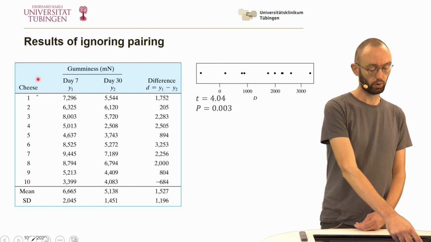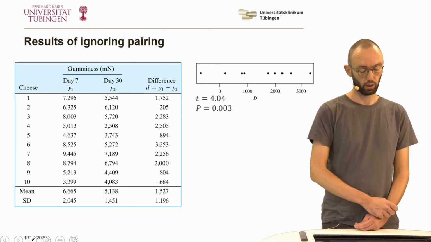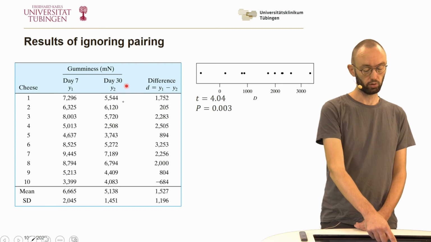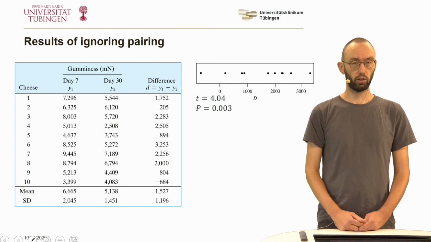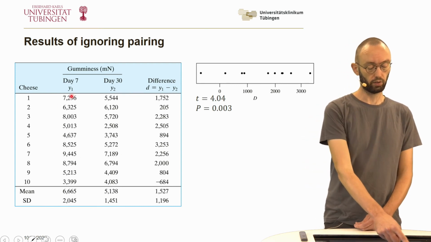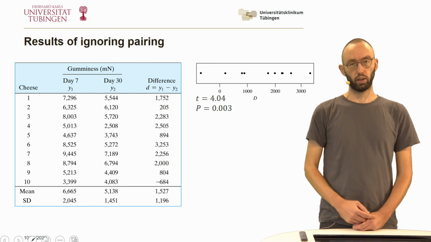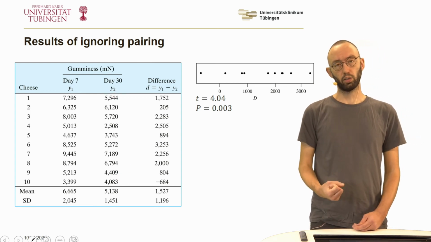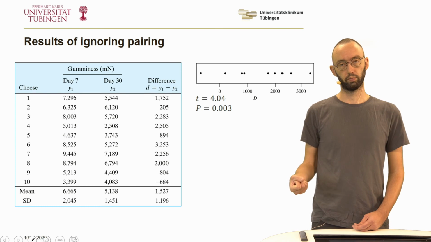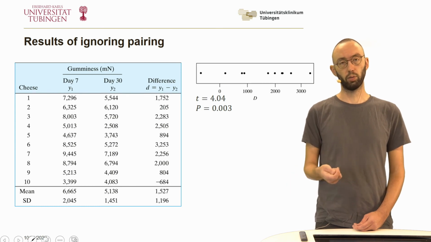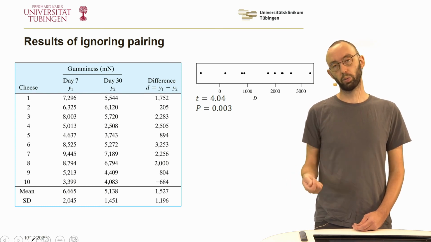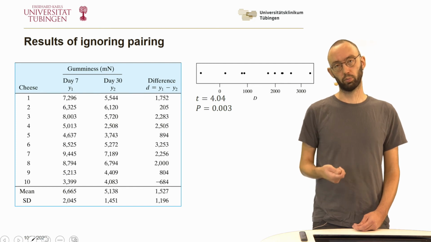This was done on 10 different cheeses, and we get these numerical values for the 10 cheeses at these 2 days. Now, there's some variability in the gumminess from cheese to cheese, as there's variability between different people in their base heart rate or their base blood pressure even before walking up a set of stairs.